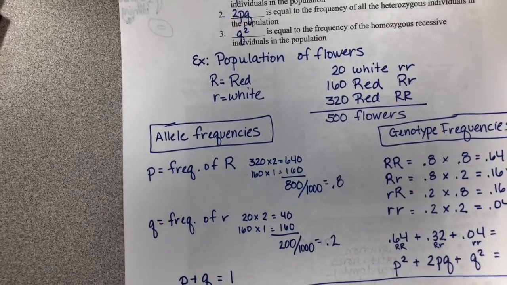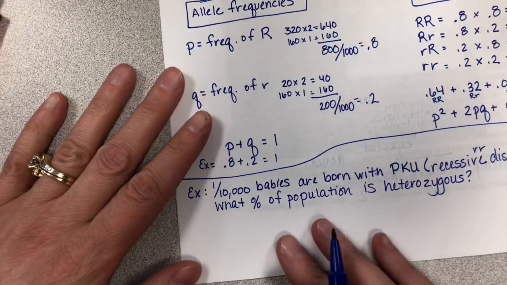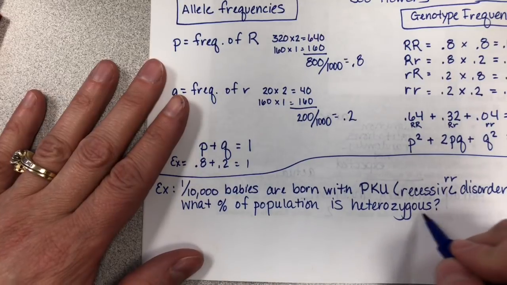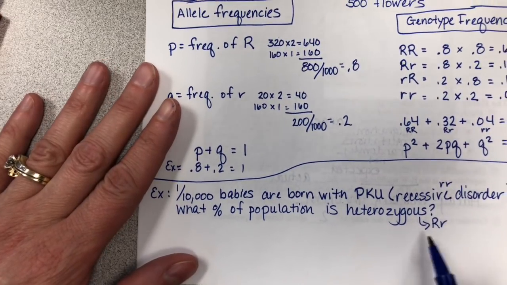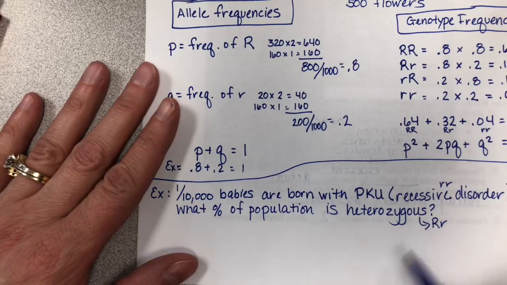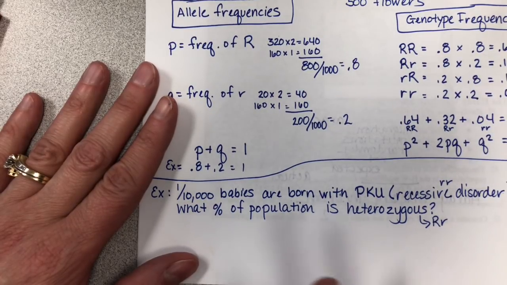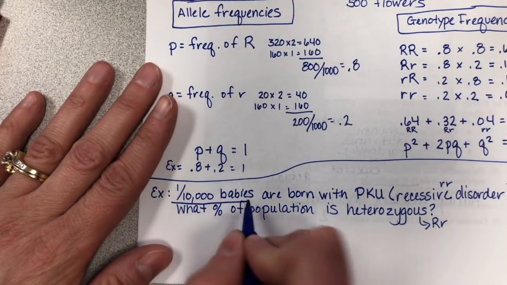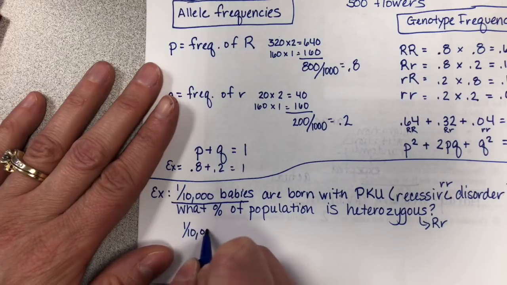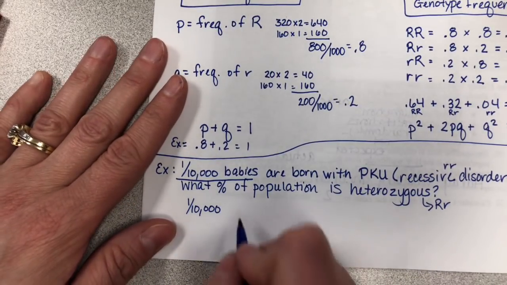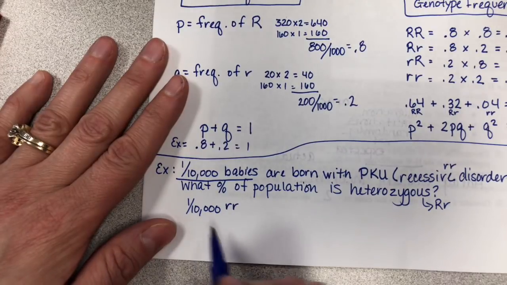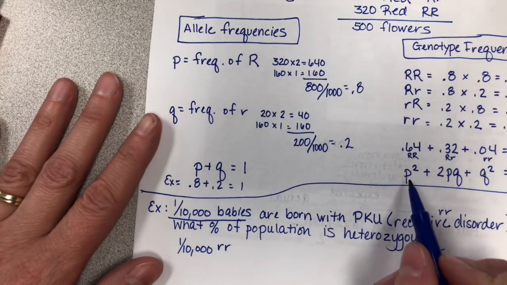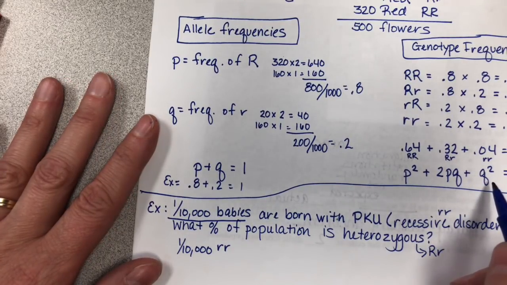Okay, hopefully you tried it on your own. You want to start out with, so we're trying to find out big R, little r, but we can't tell somebody by looking at them if they're big R, little r and are a carrier. So what you want to do is start with the people that you know their genotype for sure, and that's always the recessive. So 1 in 10,000 babies, that's what you're given, are little r, little r. They have the disease. What is that in Hardy-Weinberg equilibrium? Is that P, Q, P squared, 2PQ, or Q squared?